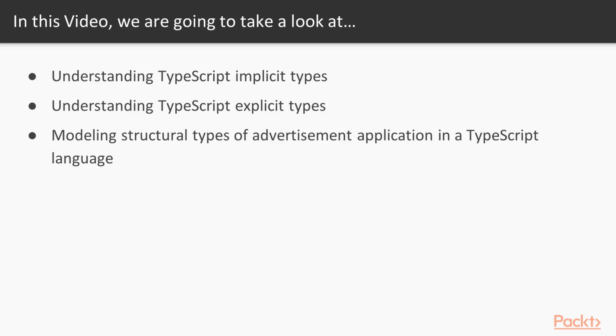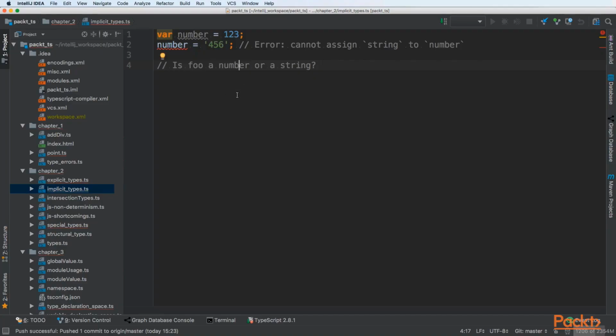So let's start coding, starting with the implicit types. Implicit types work very simply. Firstly, we are creating a variable, calling it number, and assigning an actual number to it. Then TypeScript, using the information on the right-hand side of the equals operator, is able to infer the type of the number.